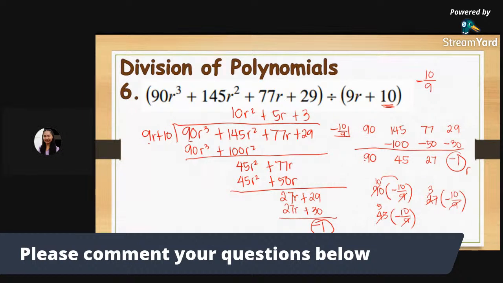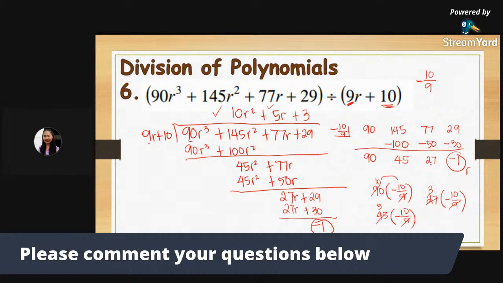Bring down your 90, and 45, and 27. Take note that we have 9 here as our coefficient. So 90 divided by 9, that is 10. 45 divided by 9 is 5.